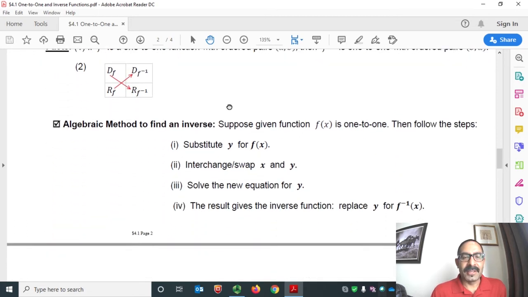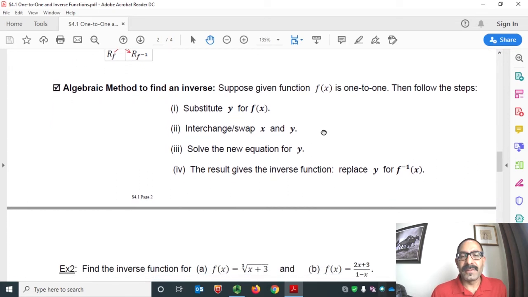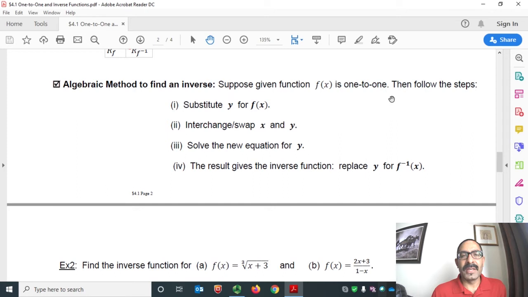Next, let's talk about the algebraic method to find an inverse. Suppose the given function f(x) is one-to-one, then follow these steps. First step, substitute y for f(x). Second, interchange x and y.